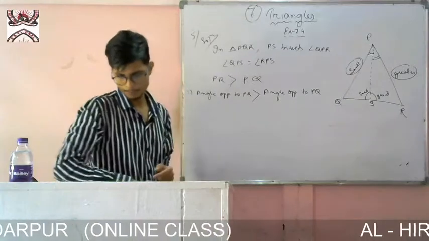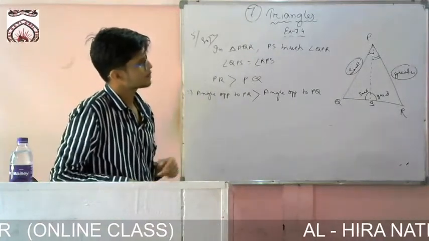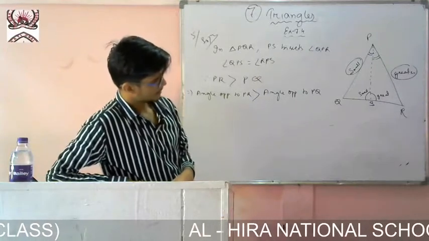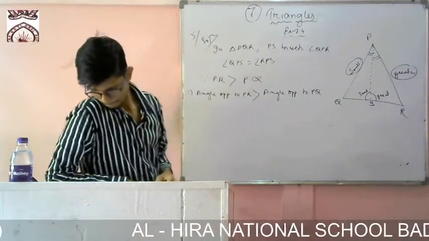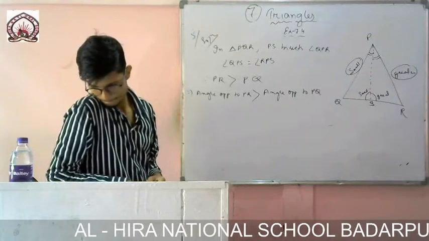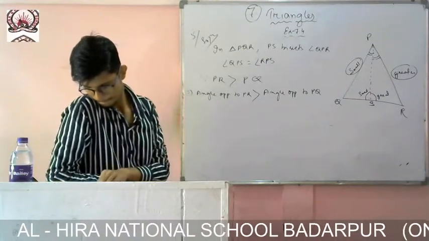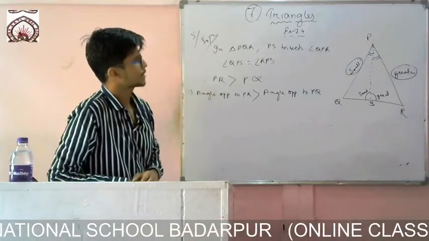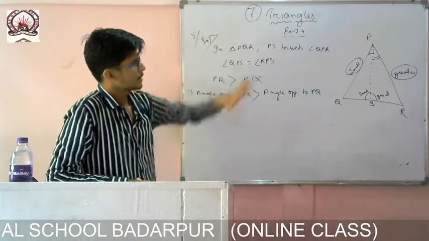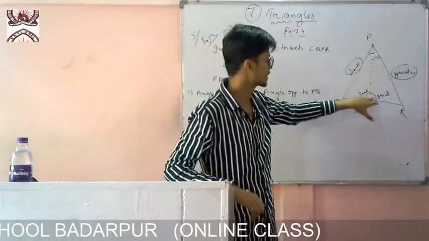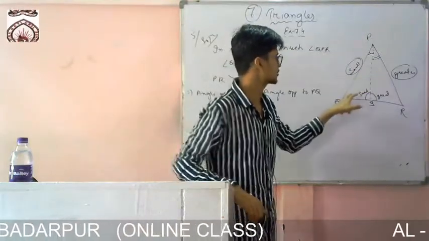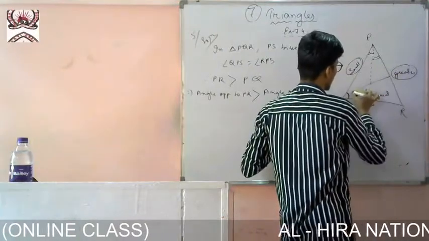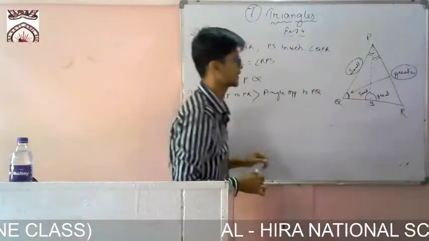Angle opposite to PR, which one? We are talking about the whole triangle, so I have to see that one. This will be the angle opposite to this side.